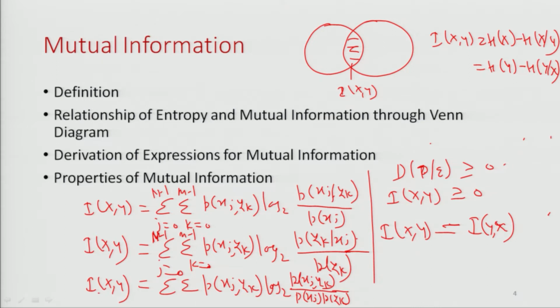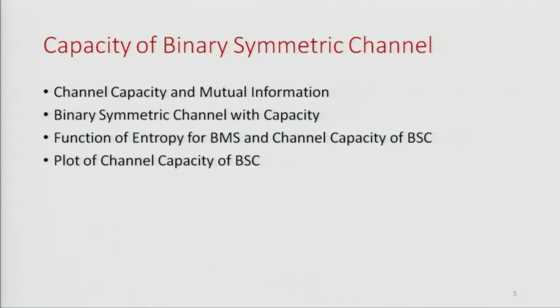And the third property, which we have already seen using this equation, is that I(X;Y) is equivalent to H(X) plus H(Y) minus H(X,Y). These are the properties of mutual information.